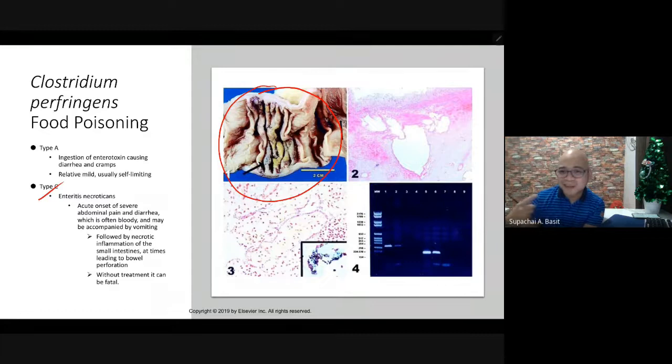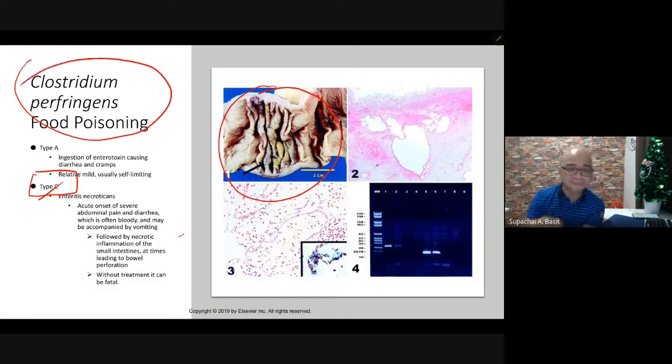So there would be necrosis of the intestine. Enteritis necroticans is an acute onset of severe abdominal pain and diarrhea, which is most of the time bloody and may be accompanied by vomiting. It is followed by necrotic inflammation of the small intestines, and it will lead to bowel perforation. Without treatment, this can be fatal. So that is caused by type C Clostridium perfringens.